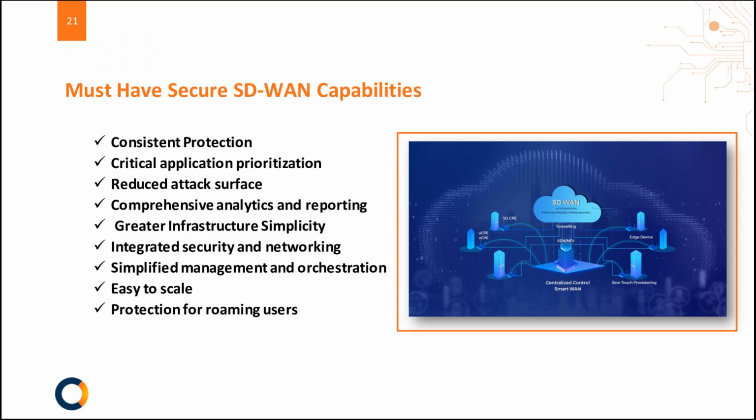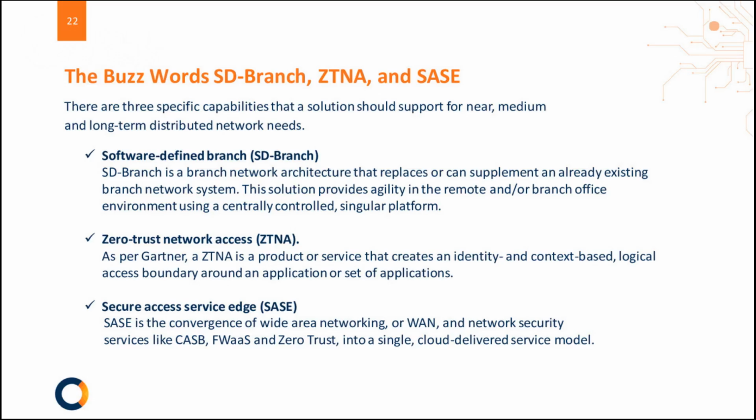Okay, so a comprehensive analytics and reporting tool should also be integrated with this solution. It should have greater infrastructure simplicity. It should have both networking and security integrated, and there should be a unified management console through which it can be managed, controlled and monitored. It should be easy to scale, and it must have protection for roaming users as well.